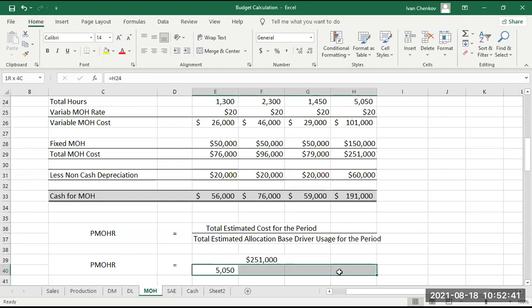So now I have the numerator and I have the denominator.